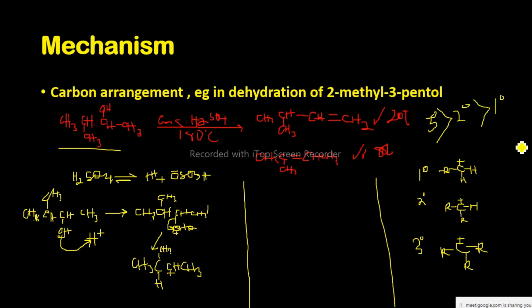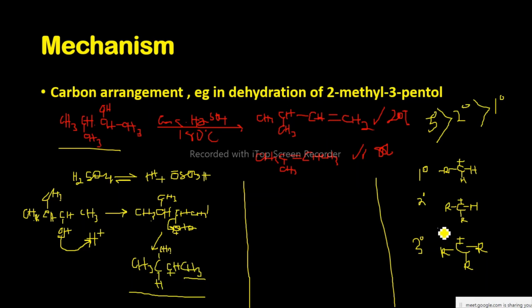Is that okay? Now bring this concept here. In this molecule, you have a secondary carbocation. This carbon atom is bonded to this alkyl group and this alkyl group, and the rest is one hydrogen.